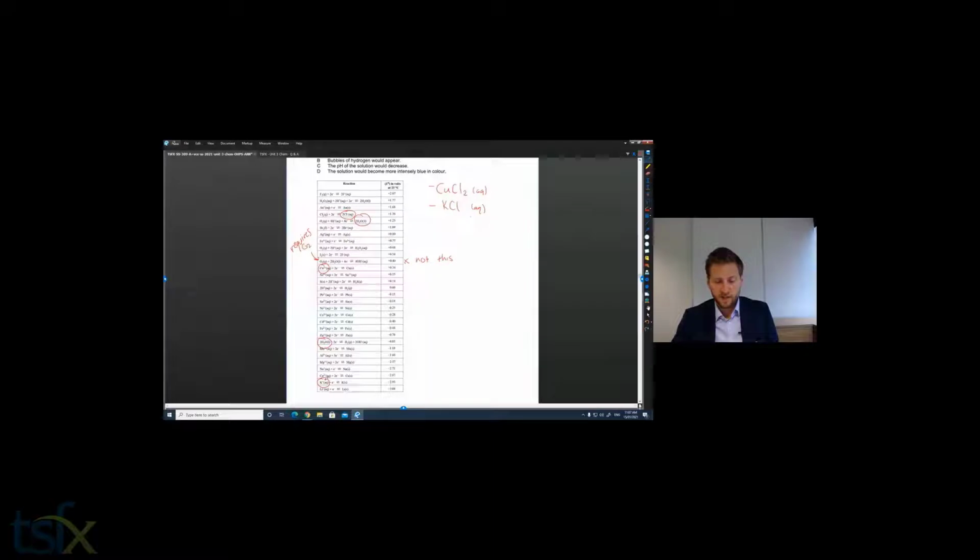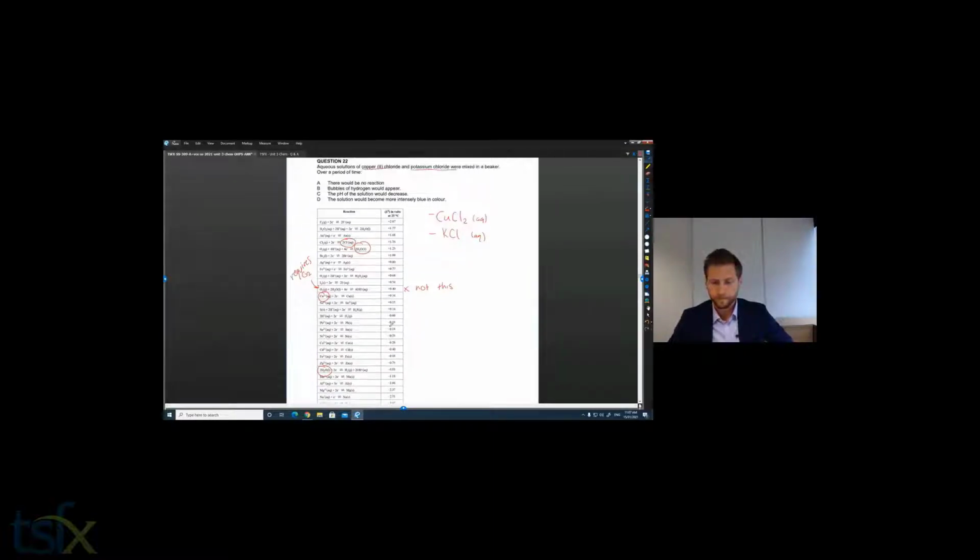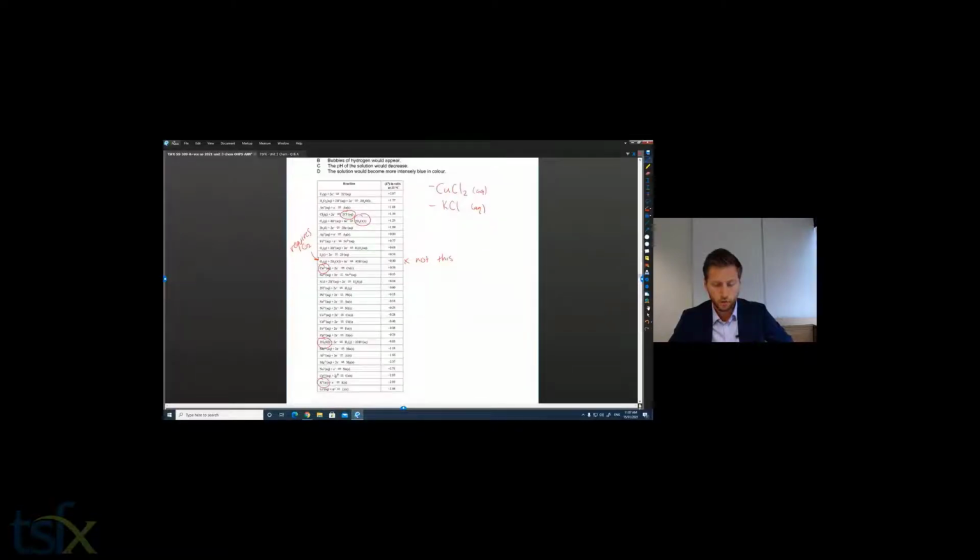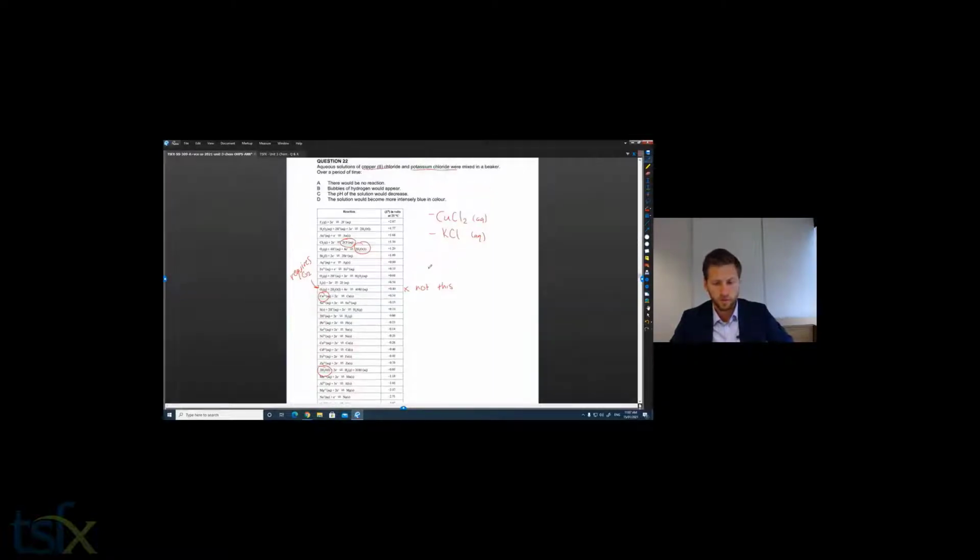Could potassium react? Could potassium be oxidized or reduced? Potassium could be reduced, but it would need to oxidize something, maybe the water up here. So it's possible, but let's go through the options.